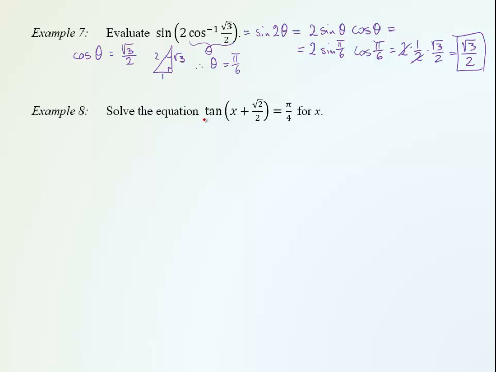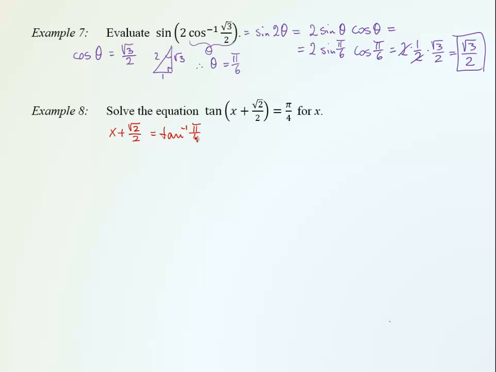Now we want to solve equation tangent of something is pi quarter. Solve it for x. Okay, since tangent of something is pi quarter, then if we apply arctangent on both sides, it will cancel the tangent, and we end up with x plus root 2 over 2 equals arctangent of pi quarter.